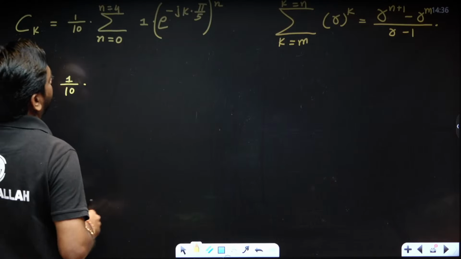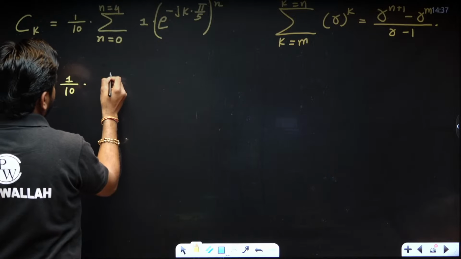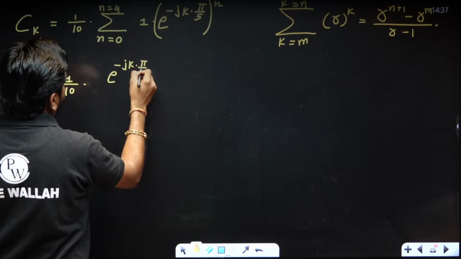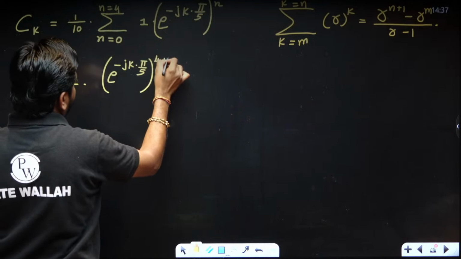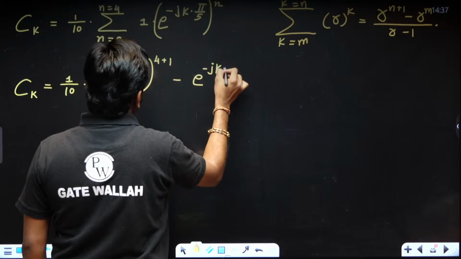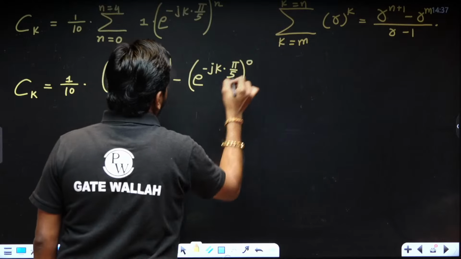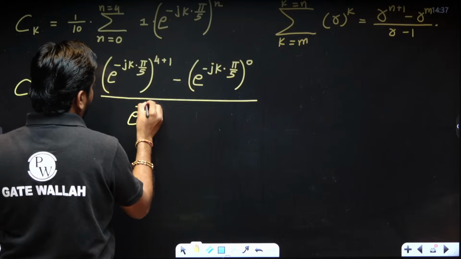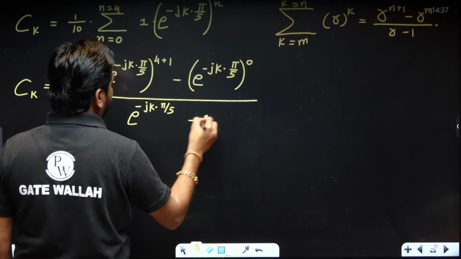Here lower limit is 0, upper limit is 4. So e to the power minus j k into pi by 5, power 4 plus 1, minus e to the power minus j k into pi by 5, power 0, divided by r minus 1, that is e to the power minus j k into pi by 5 minus 1, guys.